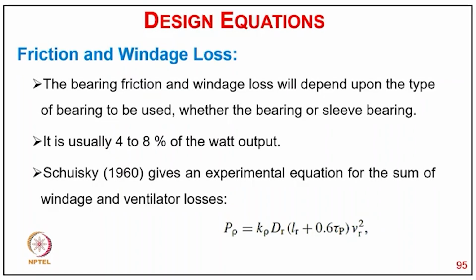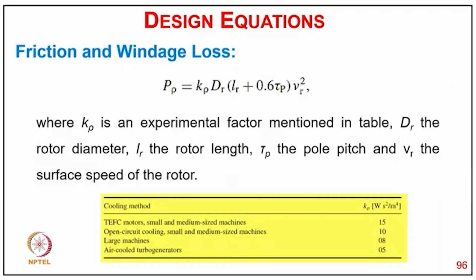And Schuisky in 1960 gave an experimental equation for the summation of windage and ventilation losses, that is P equal to Kp d_r in bracket Lr plus 0.6 tau p into Vr squared.